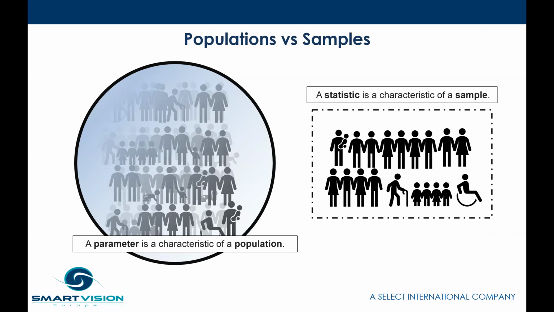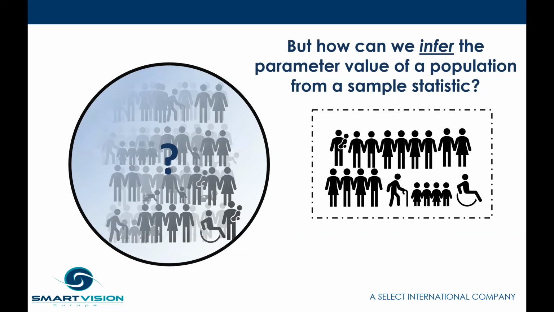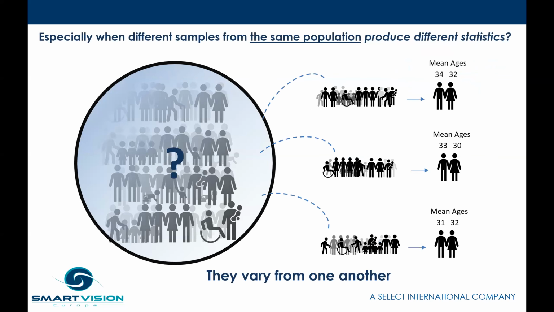And that's where inference becomes important. So how do we infer a parameter value of a population from a sample statistic? Well, if we're trying to figure out the mean ages for men and women in a population, we can go and collect a sample.